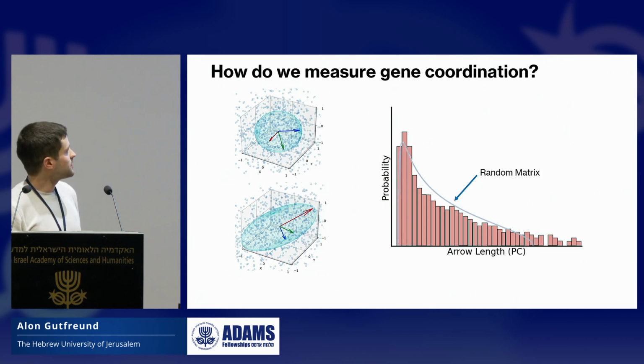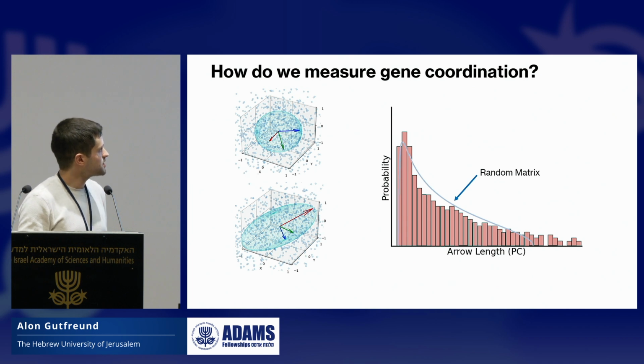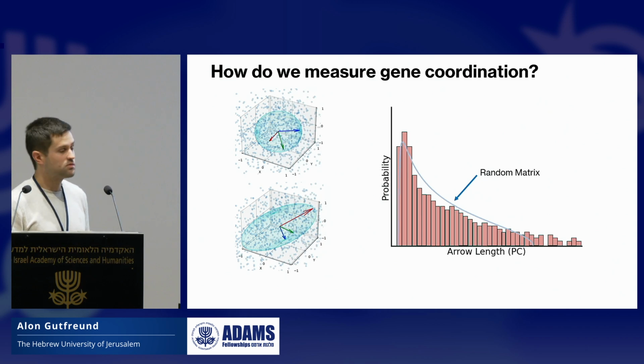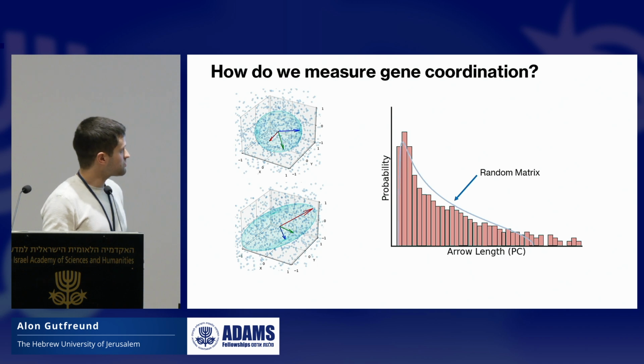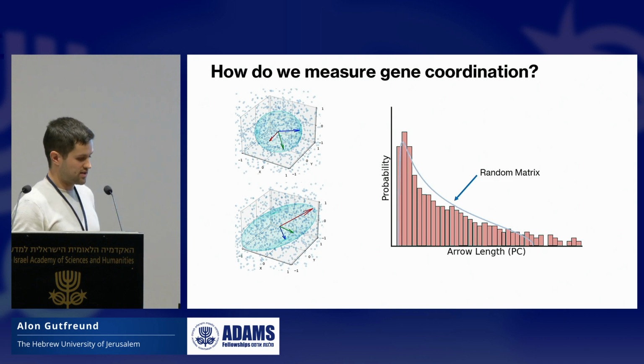As you can see here, we get these bins of arrows that are longer than what we would expect from random, and also these bins that are shorter than what we would expect from random, which represent exactly this structure of stretching and contracting of the principal components. So this would be a way to identify these coordinations between genes.